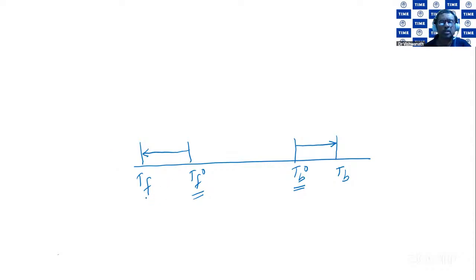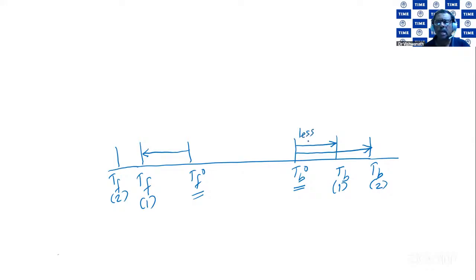Suppose I have two solutions, TF1 and there is a TF2. There is a TB1, means solution 1, solution 2. Now this has got more elevation. So shall we say this is less m, this is more m, more m, more will be the elevation and more will be the boiling point.